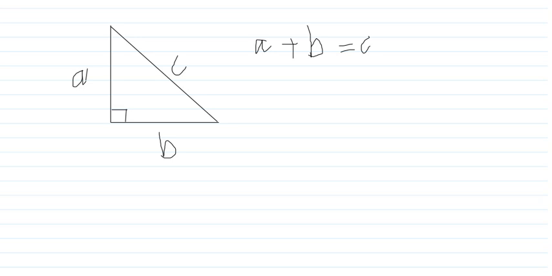And what are these? Squares, obviously. So we say A square plus B square equal to C square. How do you visualize this?